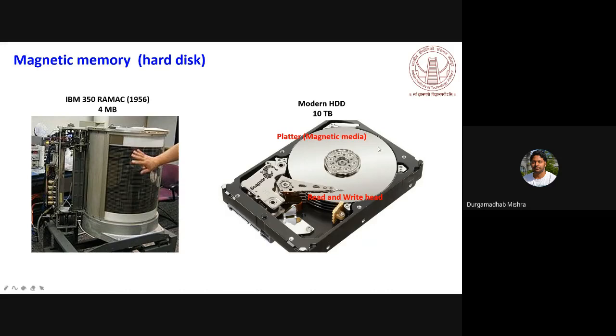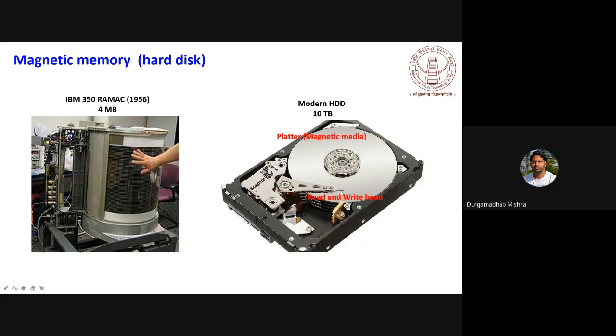When you open a magnetic hard disk, what you see is known as a platter or a disk. Normally it is called a platter, which is your magnetic medium where you store the information. Then you see the read and write head, this long arc here.